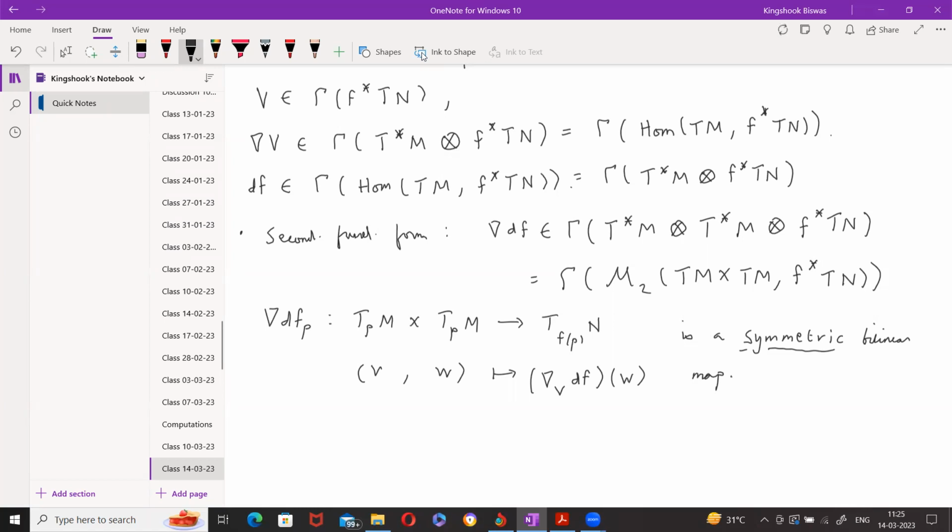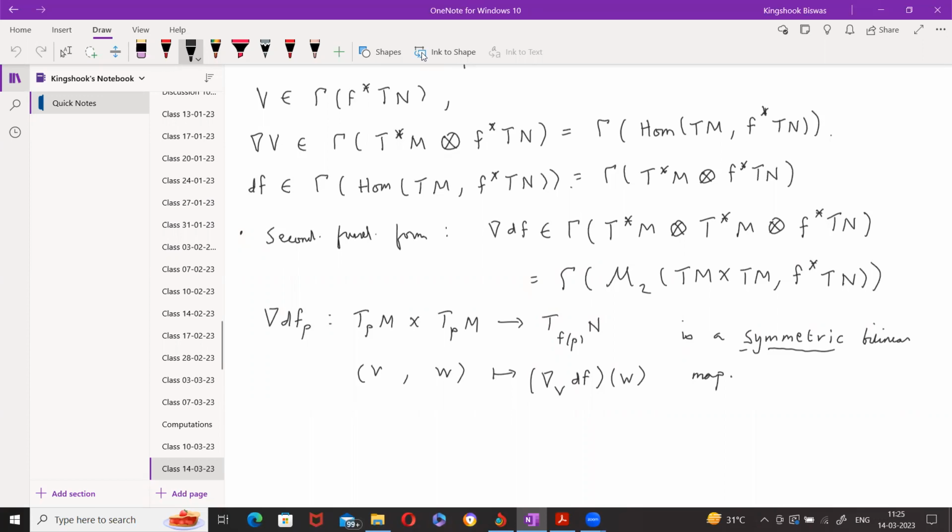So similarly, I can look at the kth derivative. That will be nabla to the k minus 1 of df, the kth derivative of f. But the point is only the second. So the kth derivative would give me a k-multilinear map from the tangent space cross itself k times to the bundle f star Tn, all right?